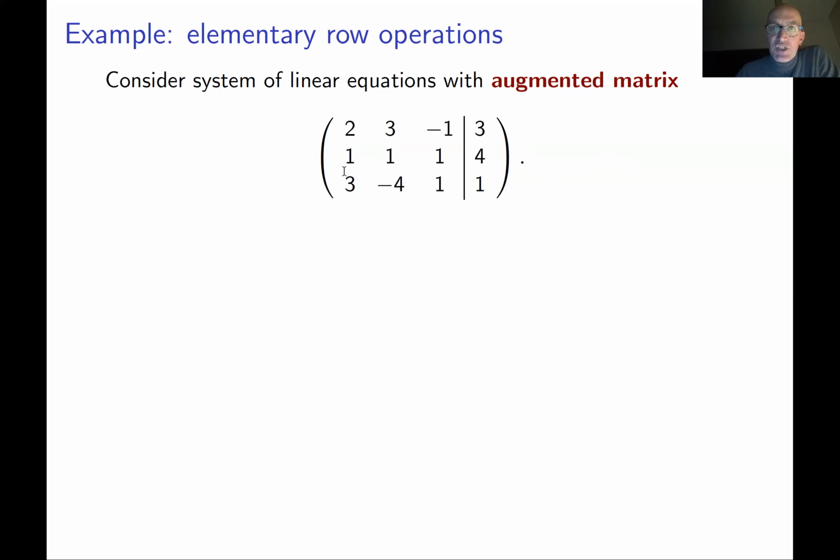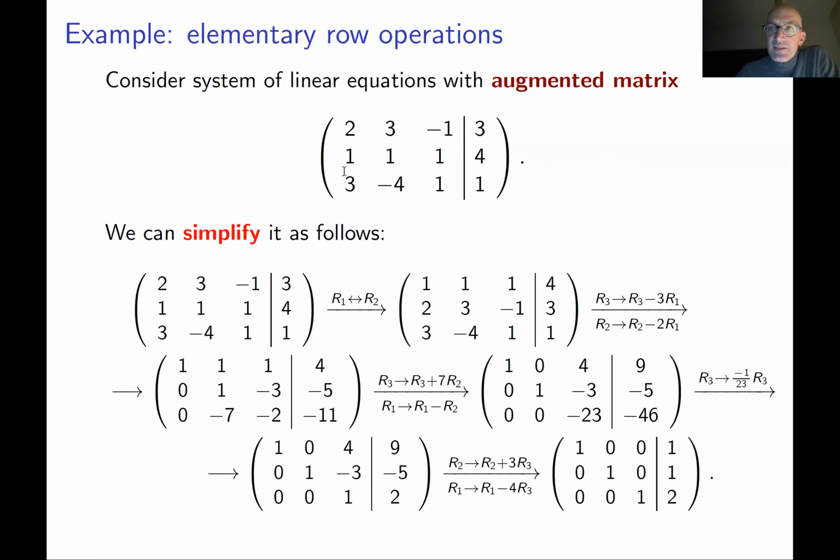Let me just translate what I did earlier into my new language of elementary row operations. This is basically the same as what I did earlier, a little bit more. And why more? Because now my notations are very space-saving.